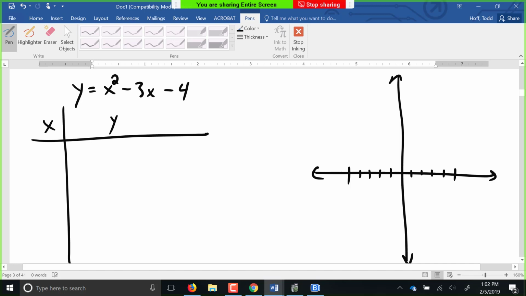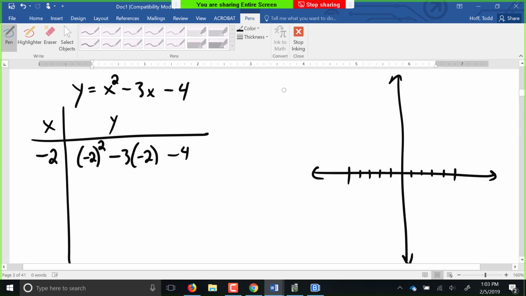So let's start out with x and y here. I'm going to pick some values for x, and then I'm going to figure out what y has to be. So if I put in x equals -2, y then has to be, I put -2 in for x, so (-2) squared. Remember the parentheses around the negative when you square it so that it doesn't give you the wrong value in your calculator. Minus 3 times -2 minus 4.